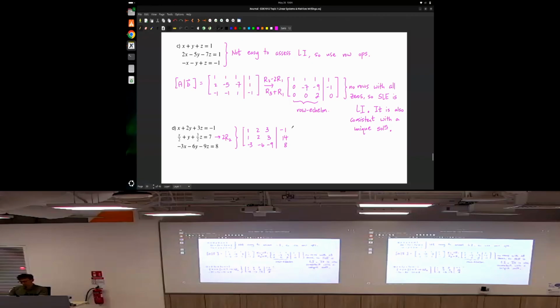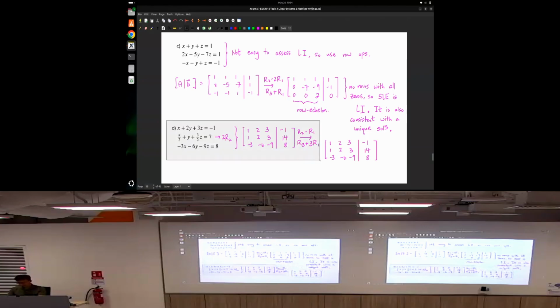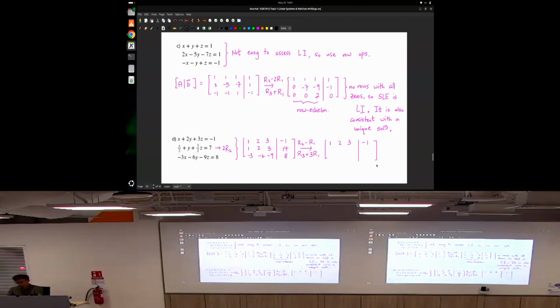So this is pretty obvious, because the second row and the first row actually have the same coefficients. Therefore, it is easy to get all zeros here. If you do row 2 minus row 1, and also row 3 plus 3 row 1, you are going to get all zeros for the lower two rows.